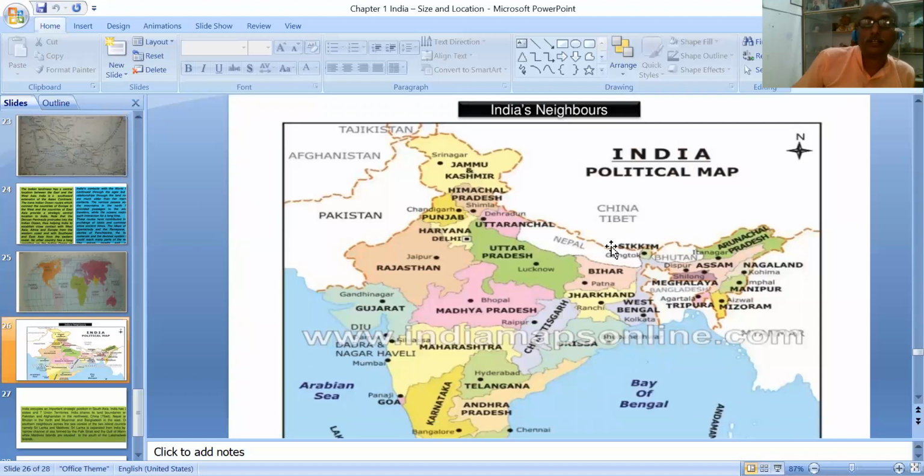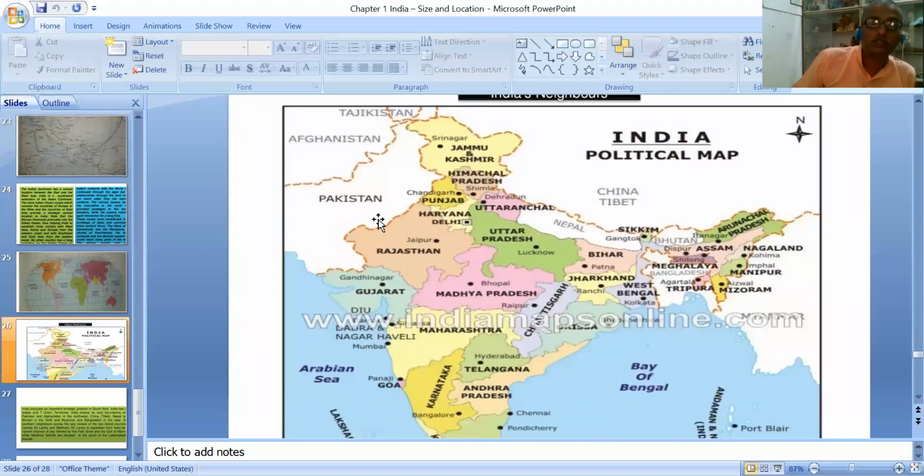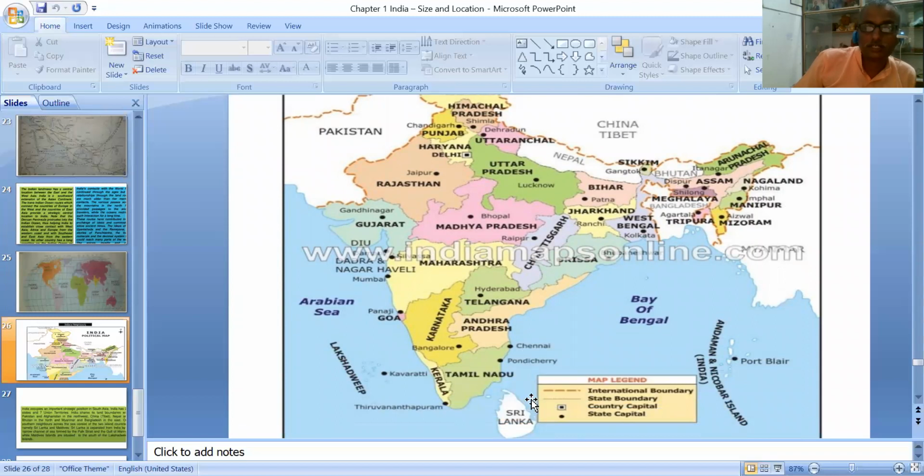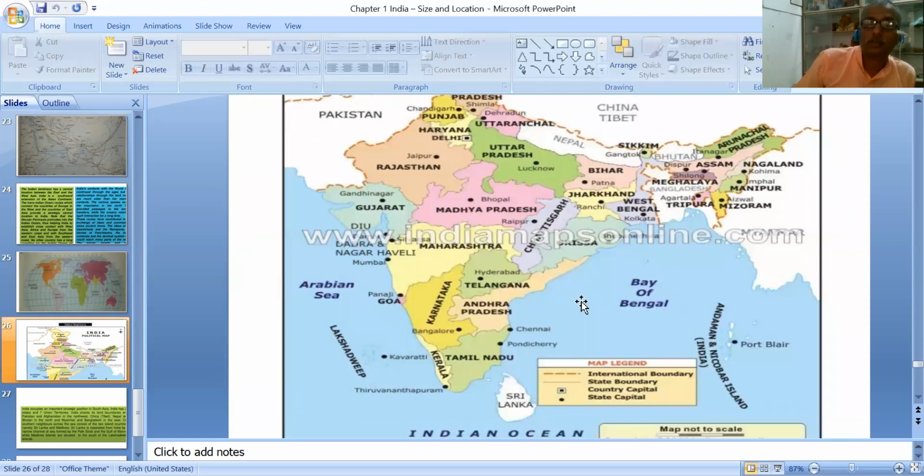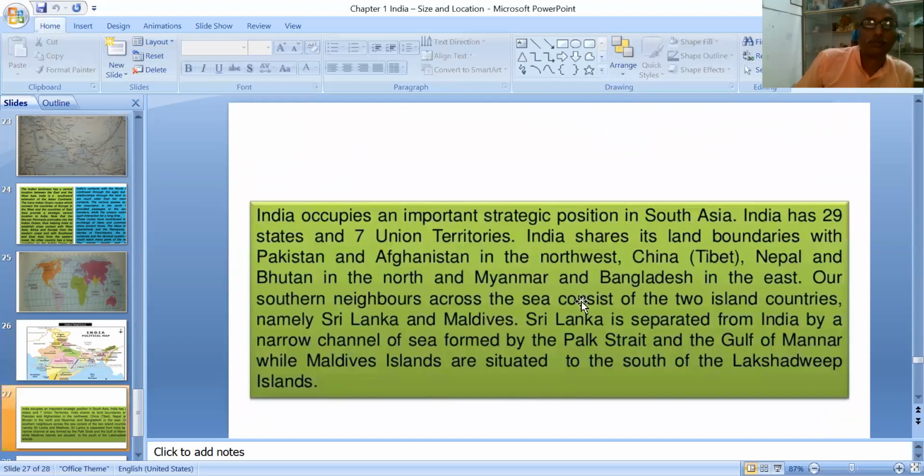India and its neighbors: Pakistan, Afghanistan, which are connected, China, Tibet, and here many nations are there. Those southeastern nations also we can connect. As far as India is concerned, Sri Lanka, Bangladesh, all these countries are Indian neighbors. So these are very important aspects which you have to remember.